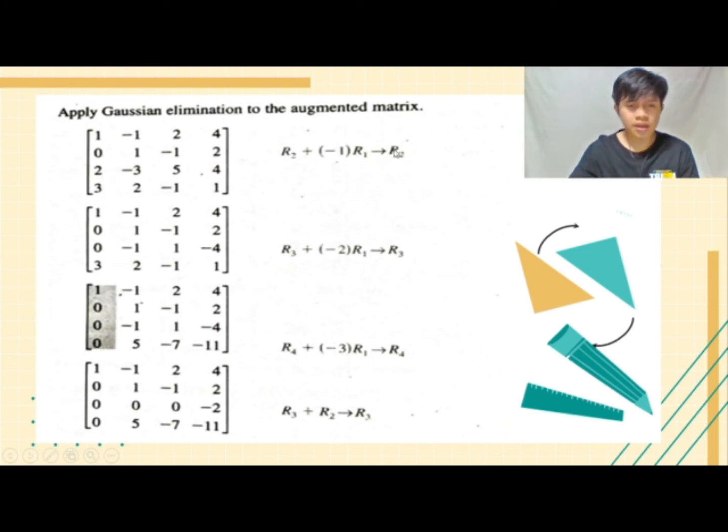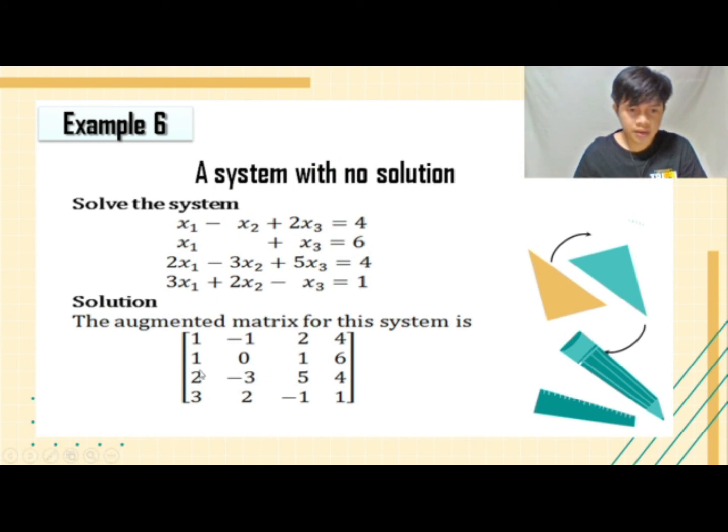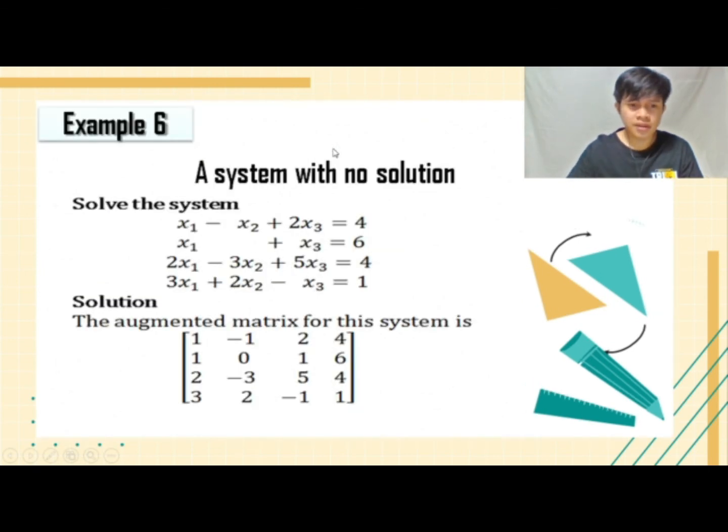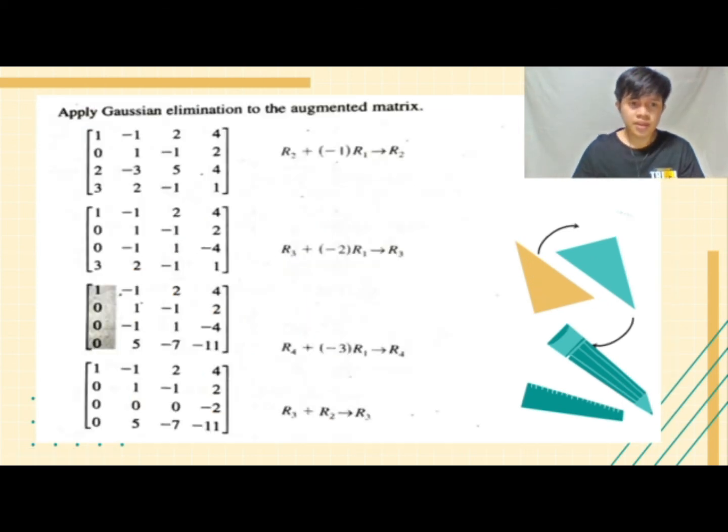Okay, so we are going to compute again the augmented matrix, because this is the result of the computation of this formula. So, we are going to add negative 1. Here are the row 2. So, 1 minus 2 times 1 is equal to 0.